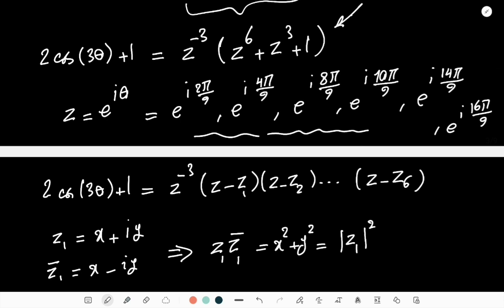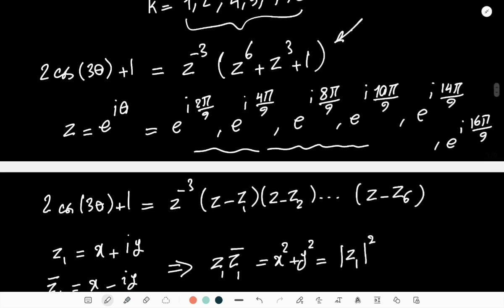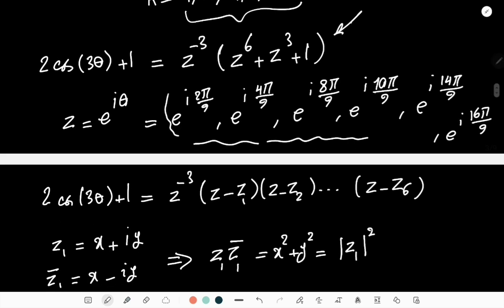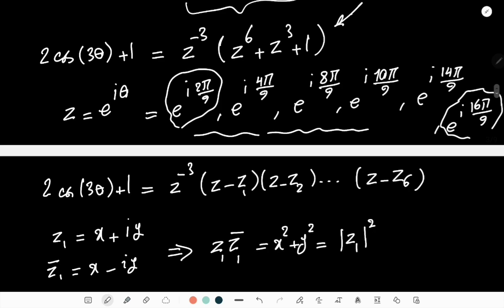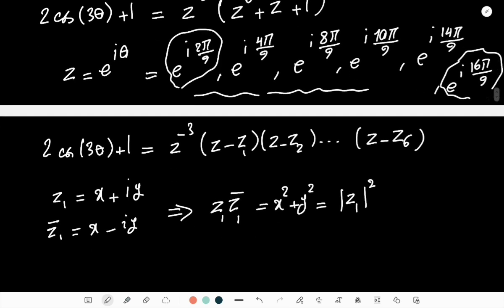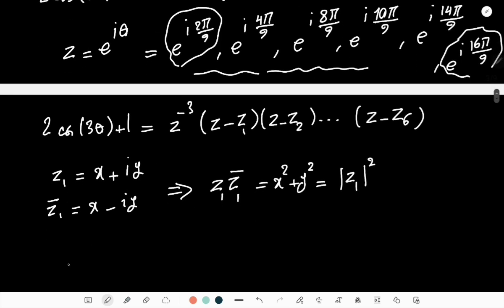So here, if you pay attention to the first and the last, they are complex conjugates. It's not really difficult to prove because, for example, I prove the first case, but the rest are the same.